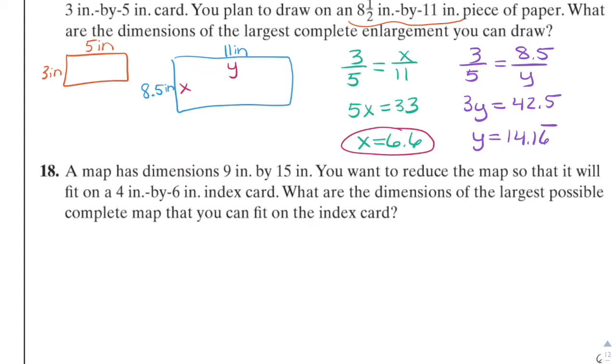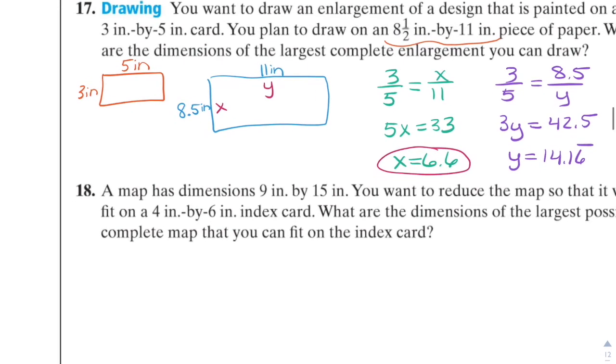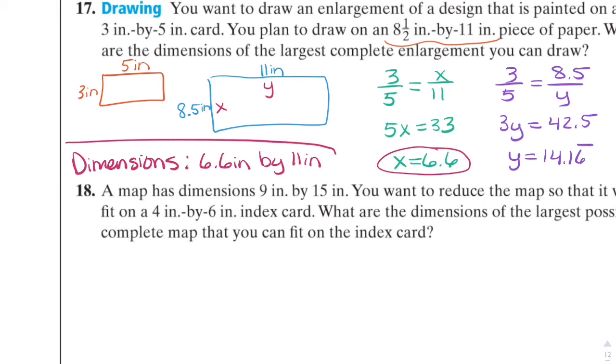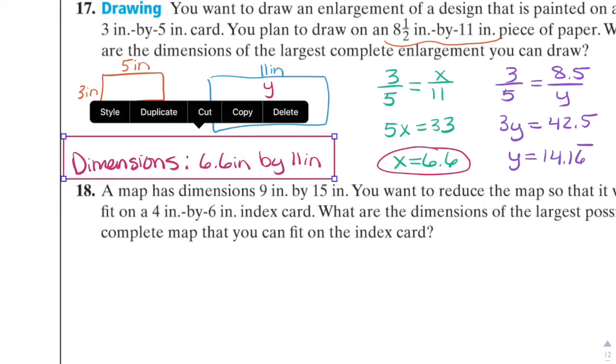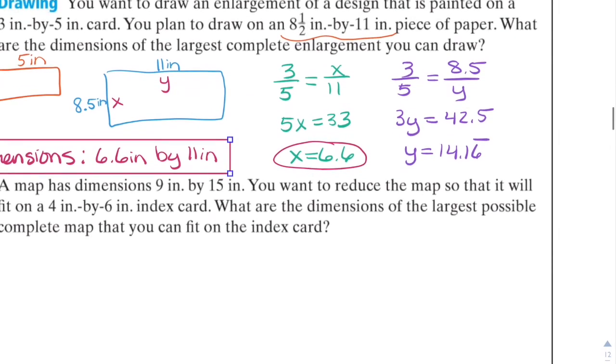So what are the dimensions of the largest complete enlargement? The dimensions are 6.6 inches by 11 inches. Again, that is with a scale factor.